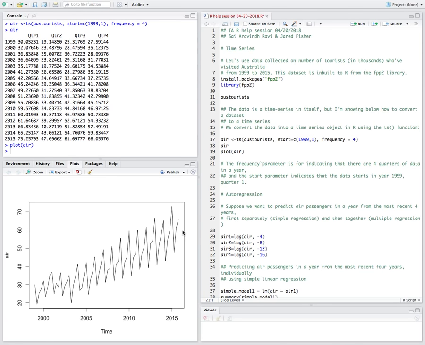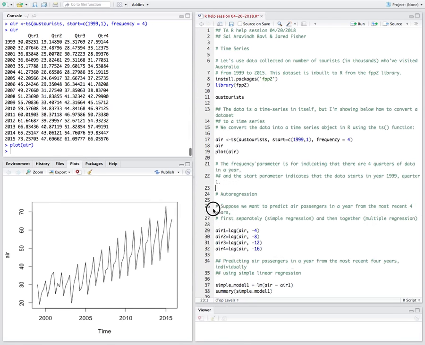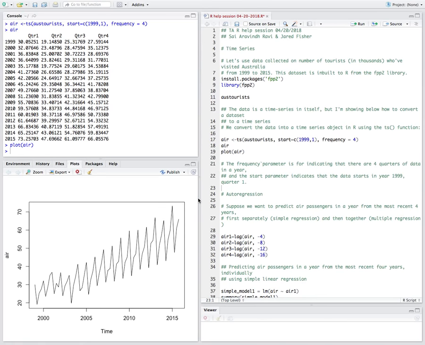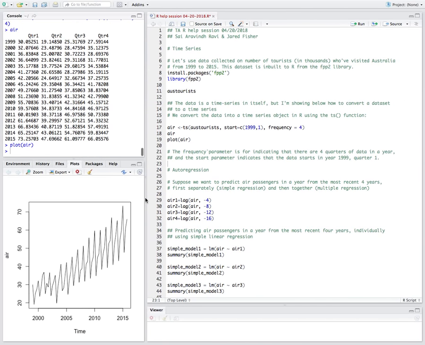So what I would like to do now is predict air passengers in a year from the 4 most recent years. The statement's right over here. Sorry. Okay. So I want to predict air passengers in a year from the 4 most recent years, first separately, using simple regression. That is, I run using the first lag, I run using the second lag, the third, and the fourth lag independently, and then together.